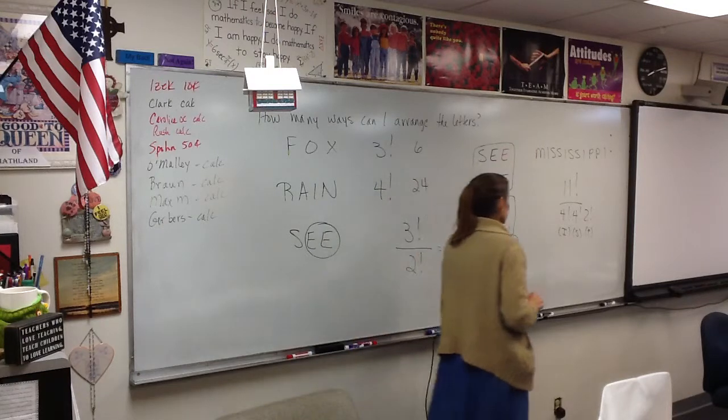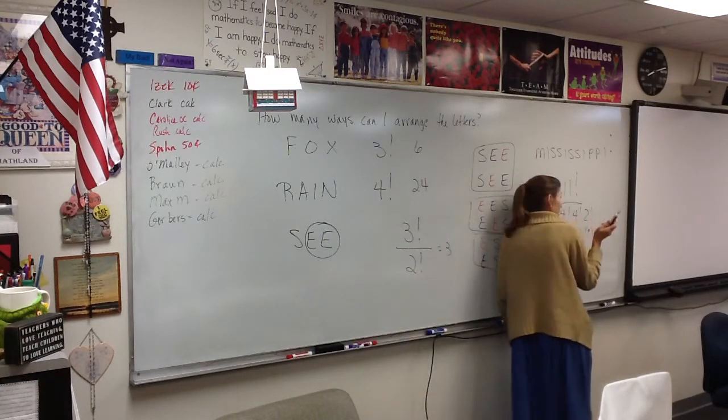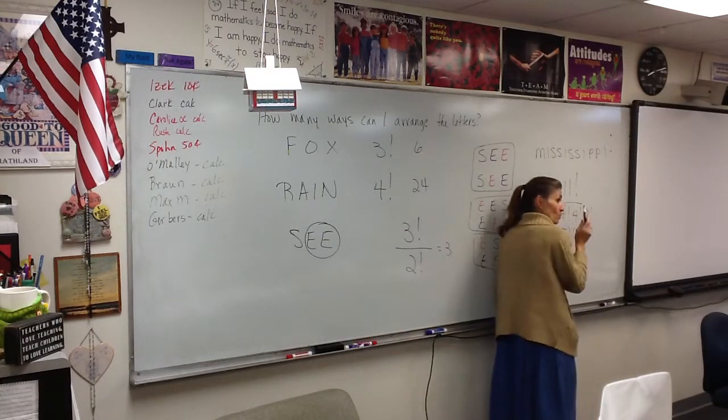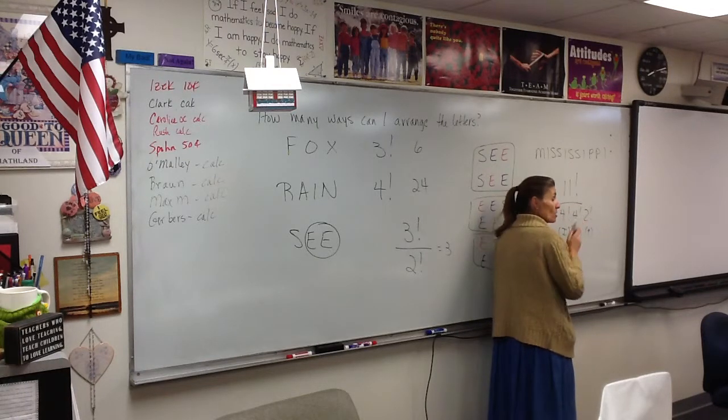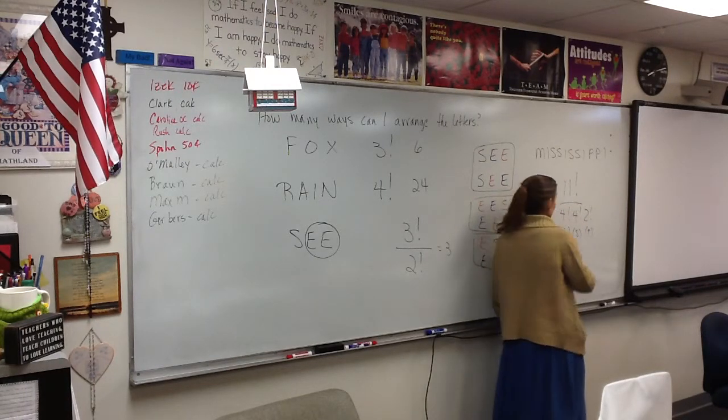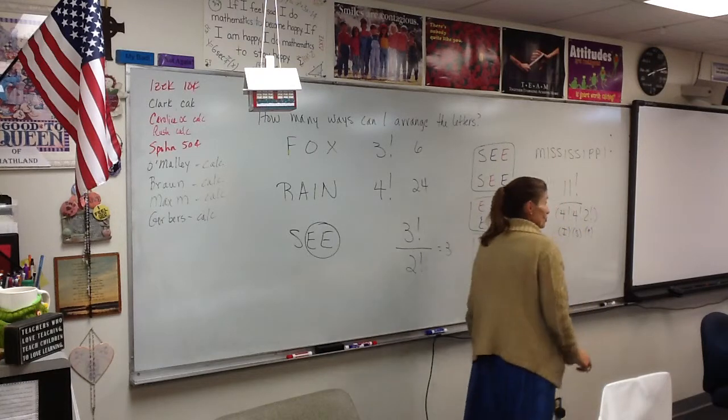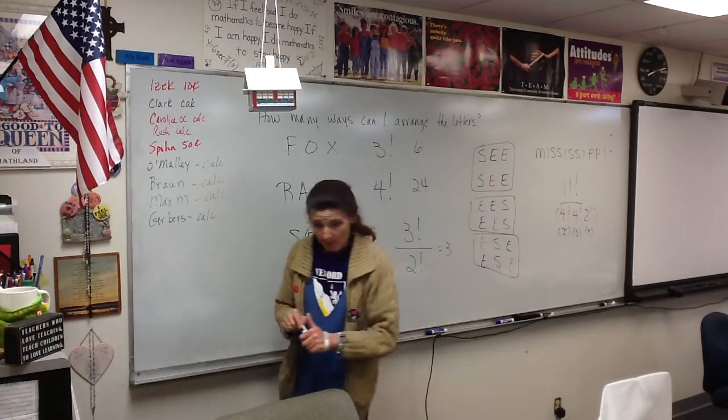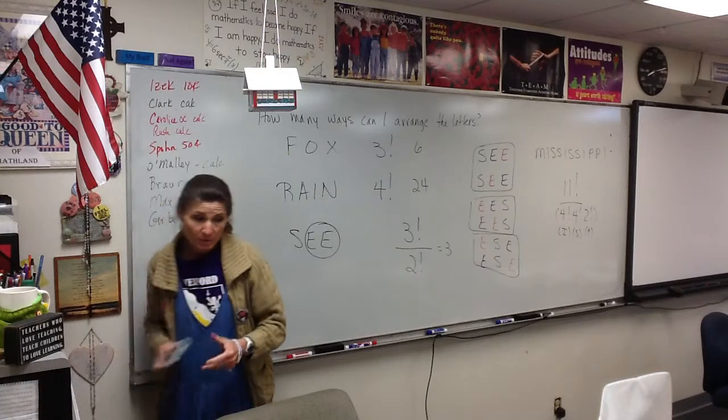Please be careful. Anytime, we've talked about this before, anytime there's more than one thing in the denominator, what do you have to be sure to do? Parentheses. Please don't forget those, or you won't get the right answer. So let me see if we can type in the right answer.